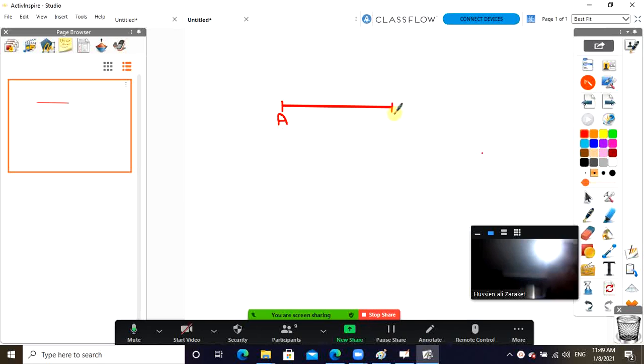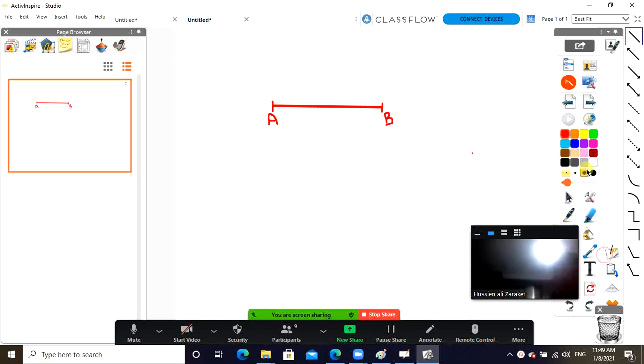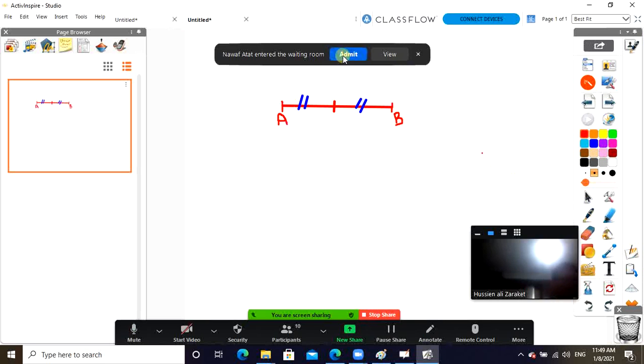What is the meaning of perpendicular bisector? A perpendicular bisector needs to be in the half, in the midpoint. So I should search for the midpoint of AB. If it's 5, what is the half of 5? 2.5. I will put it here. Don't forget my coded information before starting. This way is equal to this way, 2.5. Yes or no? Yes.